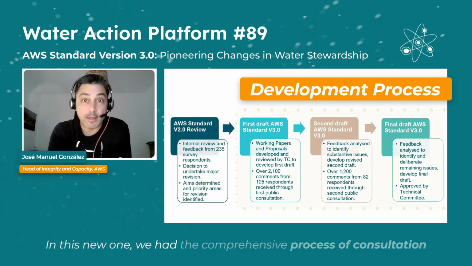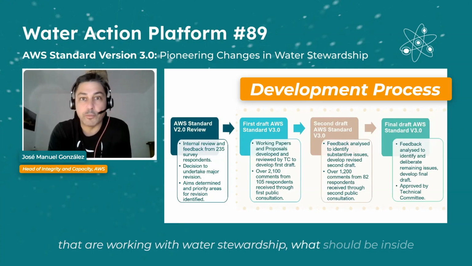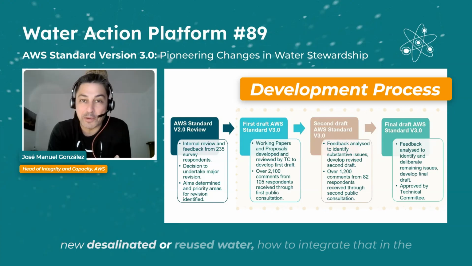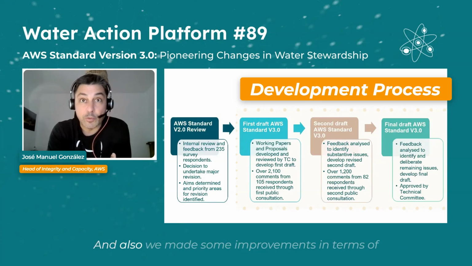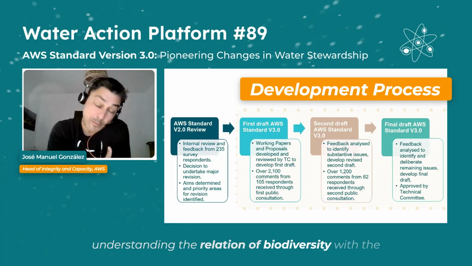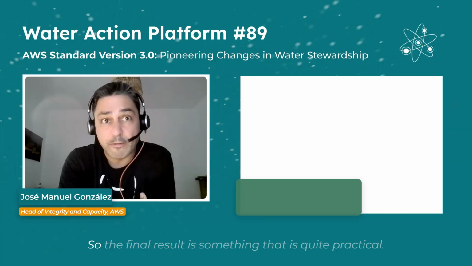In this new one, we had a comprehensive process of consultation, surveys to understand the trends and the interests of the companies working with water stewardship, what should be inside, such as desalinated or reused water, and how to integrate that in the concept of water stewardship at the level of the catchment. And we also made some improvements in understanding the relation of biodiversity with the freshwater ecosystems to include them in the standard.